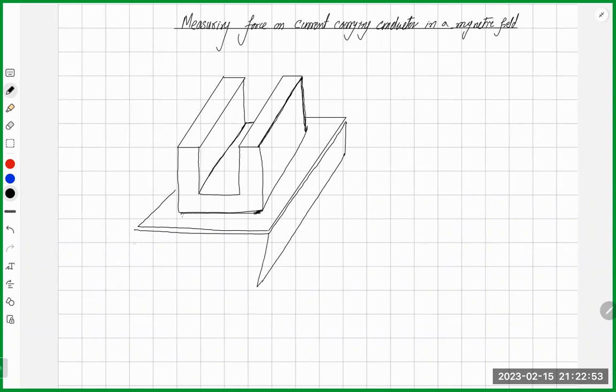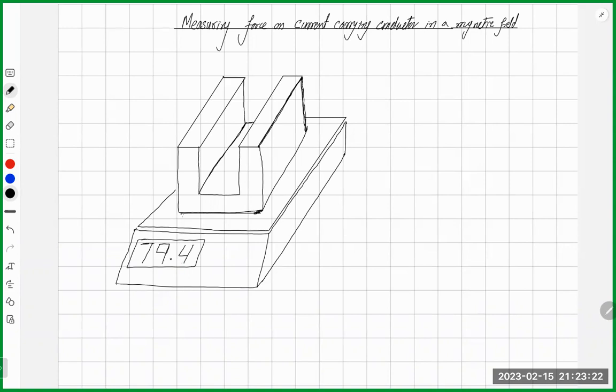So this is an electronic balance. Now, it is something like this. It shows a reading on a screen.